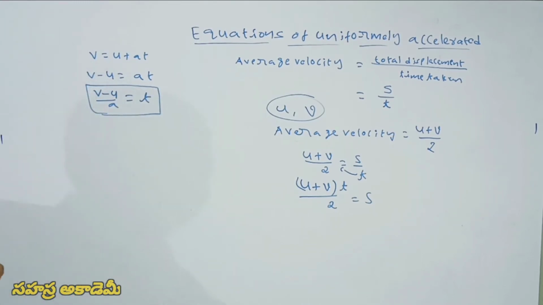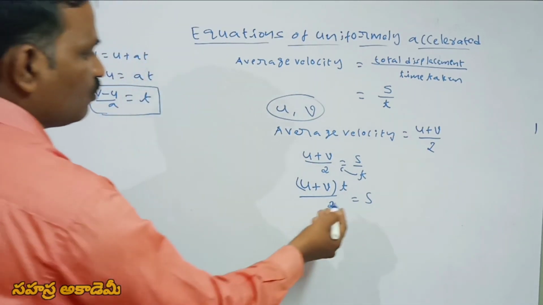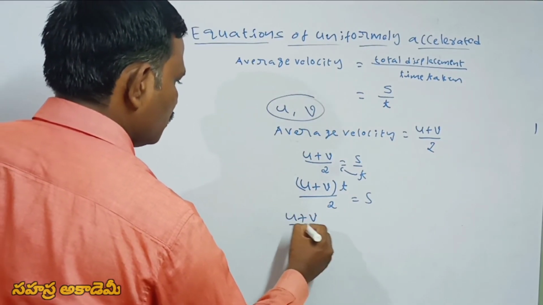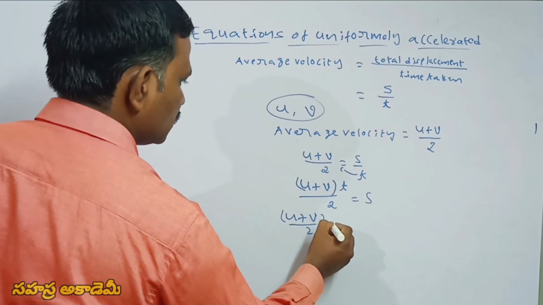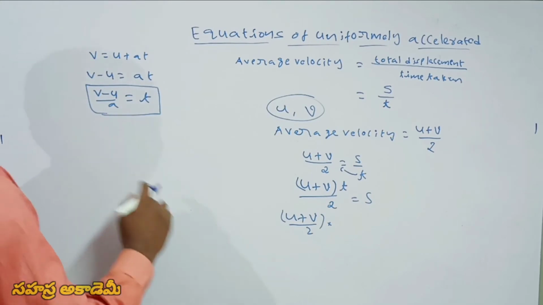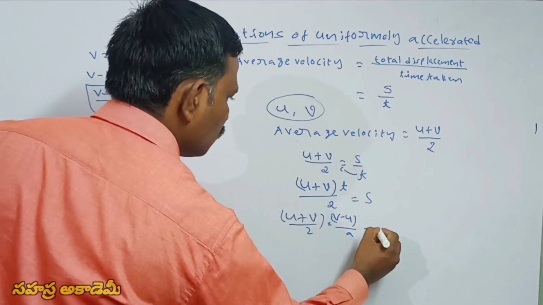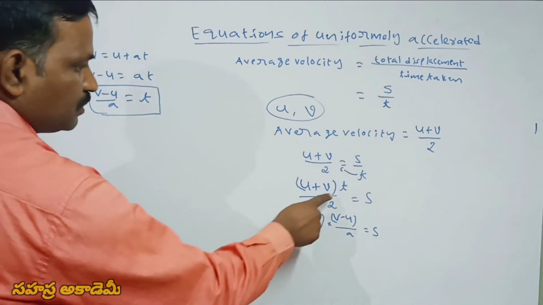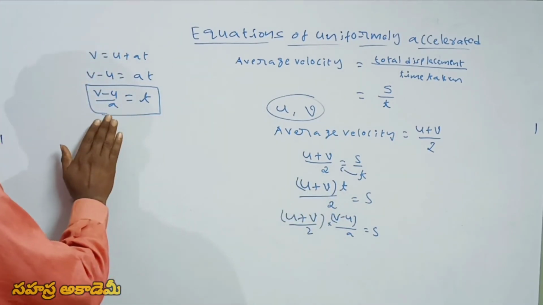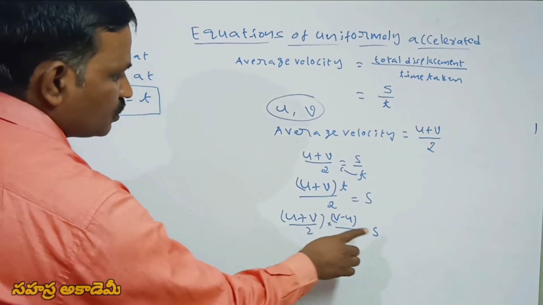Now substitute this t value in the equation. It becomes u plus v by 2 into v minus u by a is equal to s. I substituted the value of t, which is v minus u by a, from equation 1.